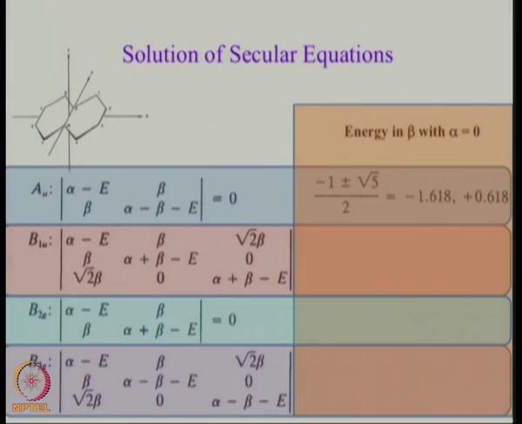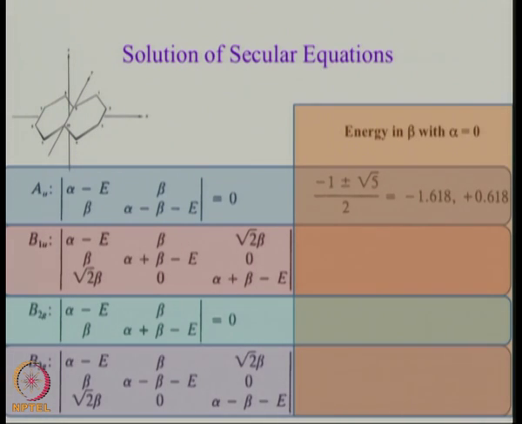Minus 1.618, that is stabilization, therefore bonding, and plus 0.618, that is destabilization, therefore anti-bonding, right? Wrong, because it is 0.618 beta. Beta is actually negative. We have taken beta to be 1, that is a different issue. Alright. So, we get 2 energies of 2 MOs already.